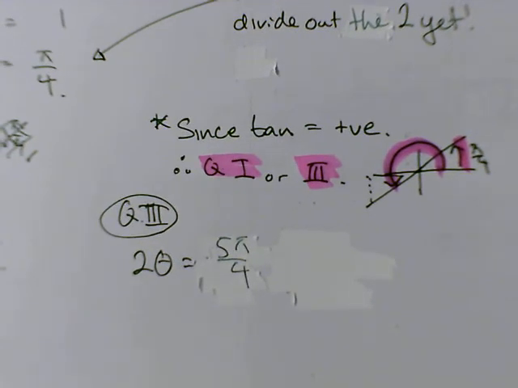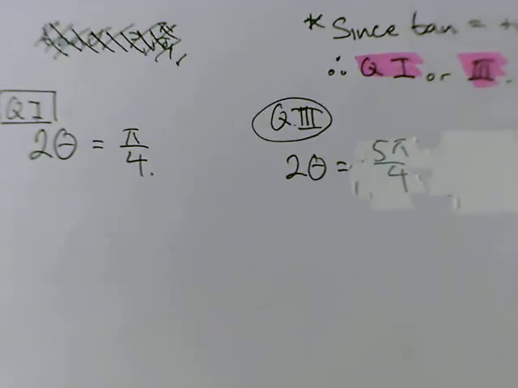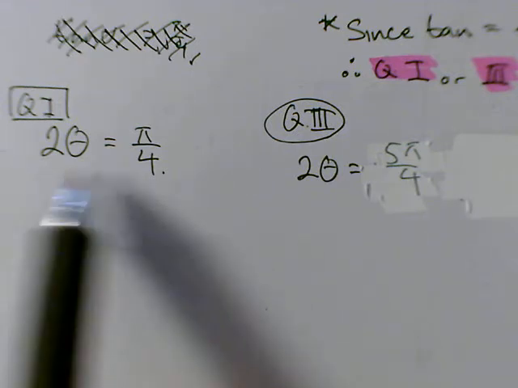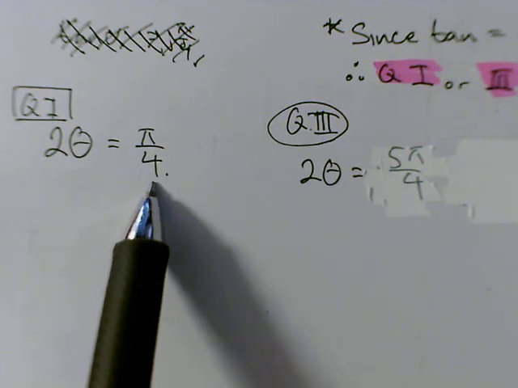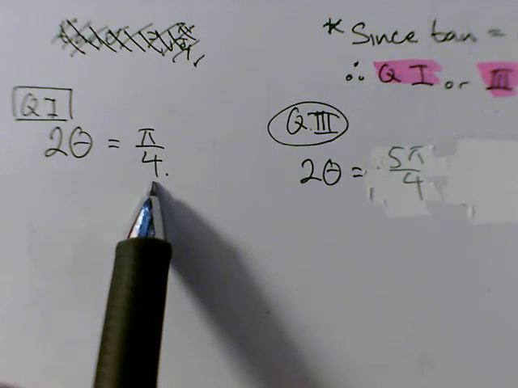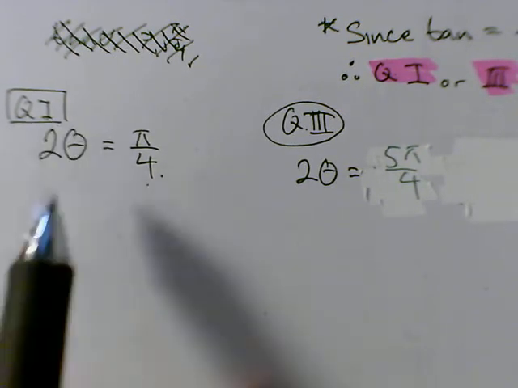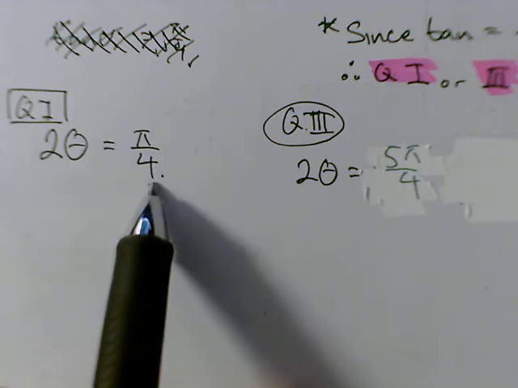Okay? But the question didn't say anything about a single revolution. It said, give me a general equation. So basically, in quadrant 1, the angle could be pi over 4 or anything coterminal with pi over 4.